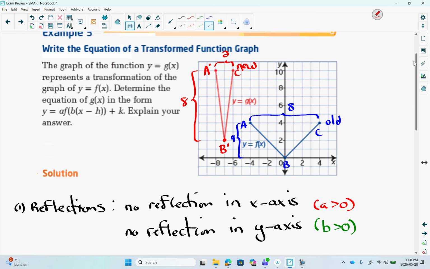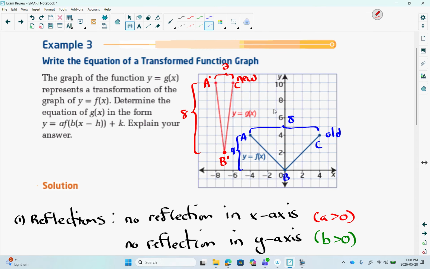Watch if I pick point A, -4, comma 4. What does it become on the new curve? What's A prime? -8 comma what? Now let's look at these. If I multiply that by 1 over b, what's 1 over 4 times -4?